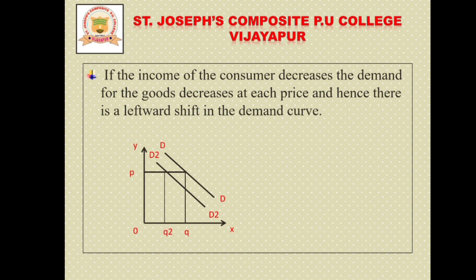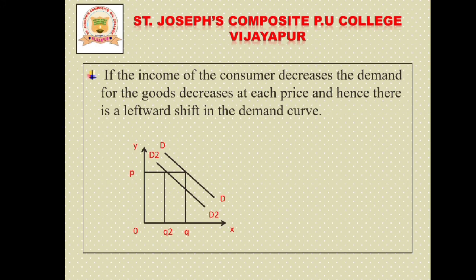Why is movement possible? Because of the change in its price, either an upward or a downward movement. Why is the demand curve shifted? Due to the change in other determinants, like change in income, taste and preference of the consumer, or change in the price of substitute goods.